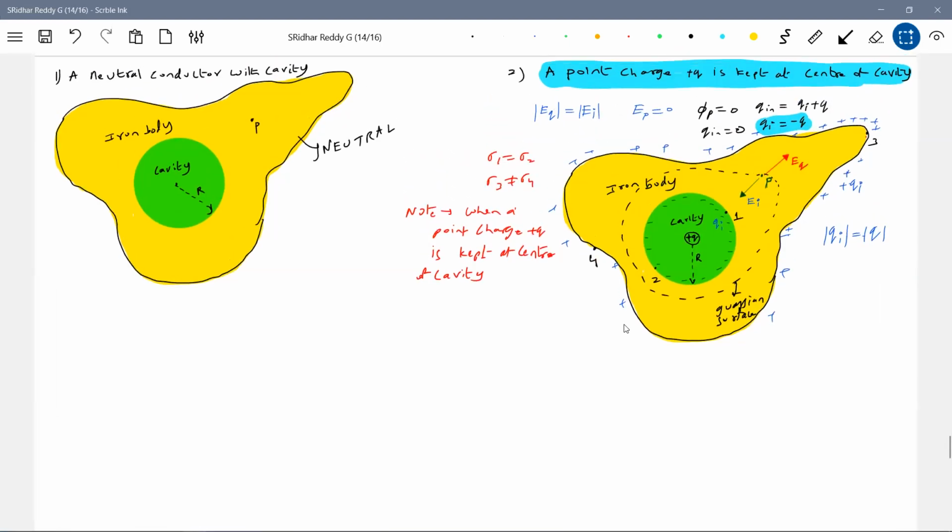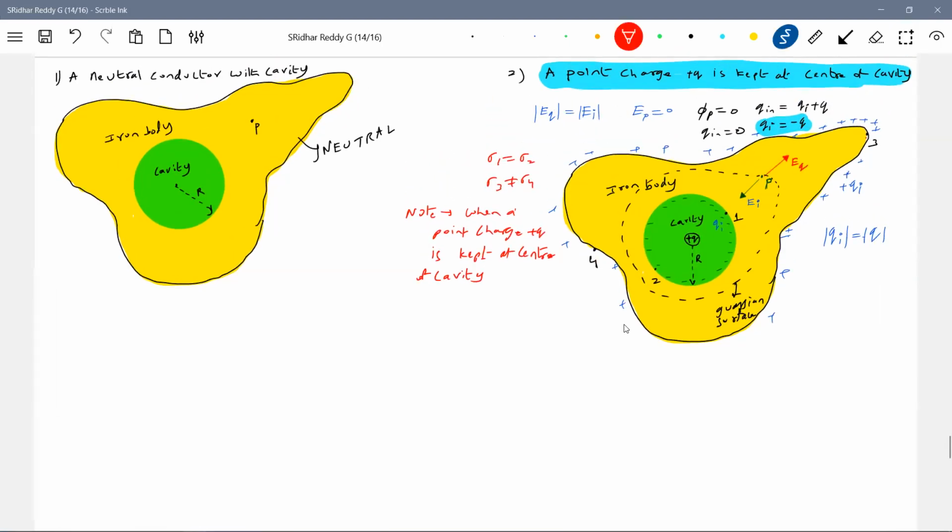All these are theoretical ideas. Numericals will be very easy for you. Note: when a point charge plus q is at the center of the cavity, then minus q charge, or negative charge, we'll write it here.